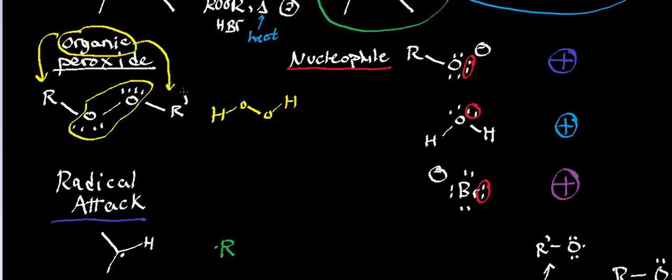Now, you can learn about this in either general chemistry or P-Chem. One thing you'll learn is that oxygen-oxygen single bonds are very weak bonds. They're not strong, and they're also pretty high energy.